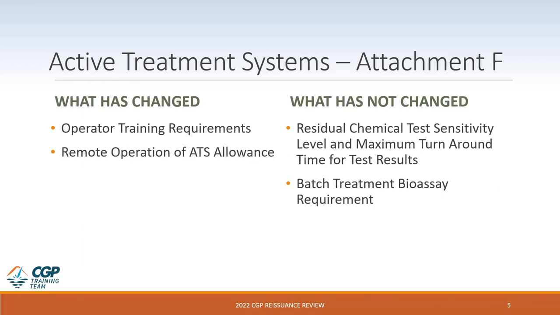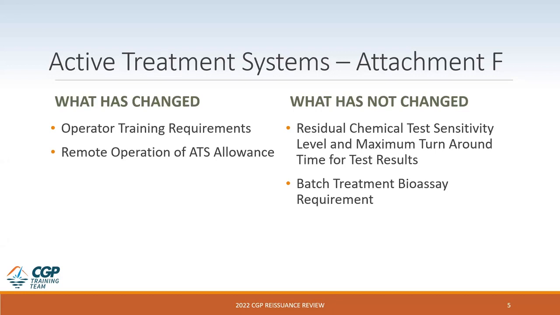And then what else has changed? Operator training requirements have been eliminated. We used to have specific 40-hour training requirements to operate the ATS, and that has been eliminated. And then the remote operation of the ATS allowance has been added to the permit.